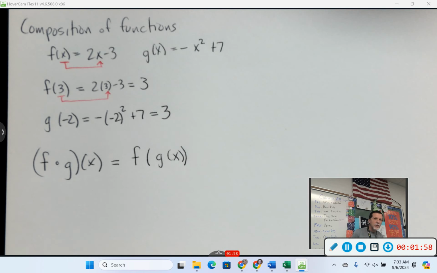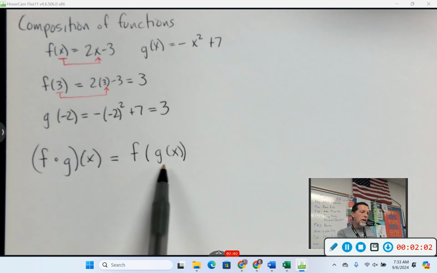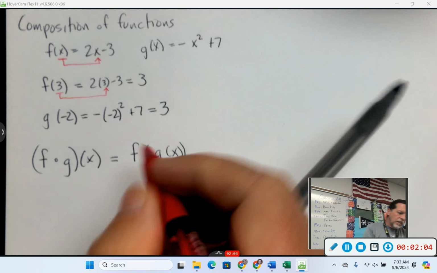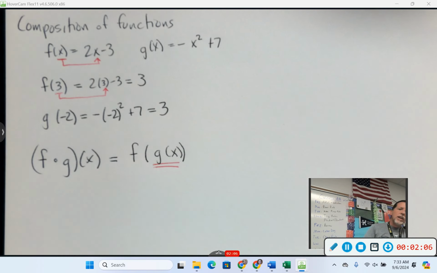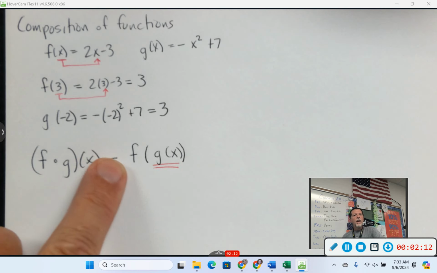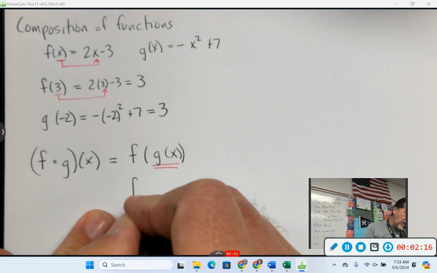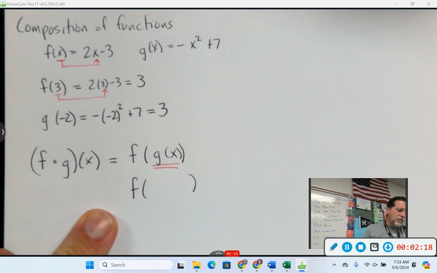So, well, be careful. We're not multiplying, but whatever's on the inside is the input to the f function, right? So f of 3 meant plug in 3. f of g of x means plug in g of x.